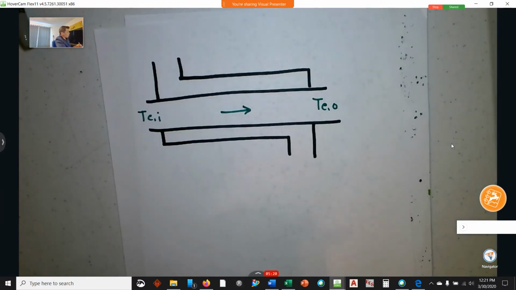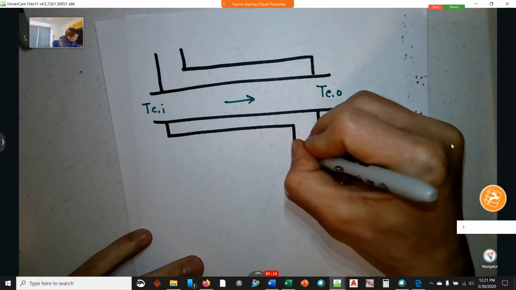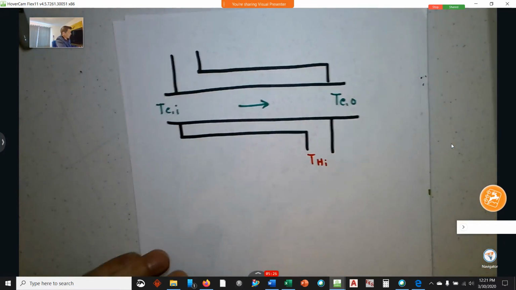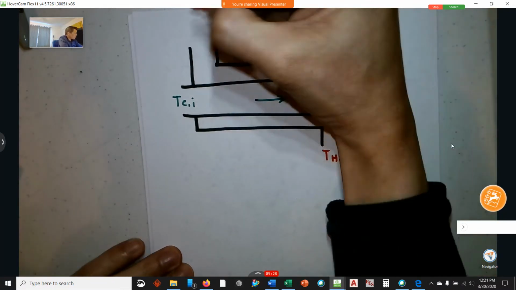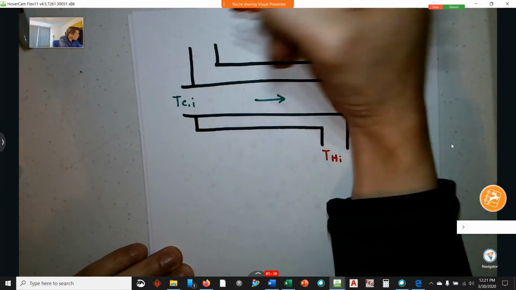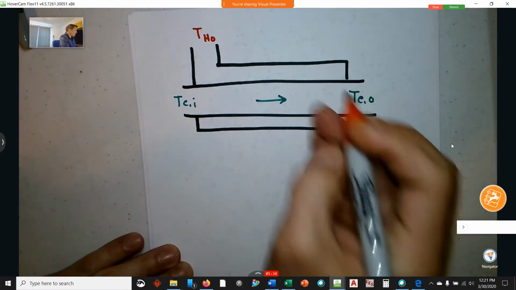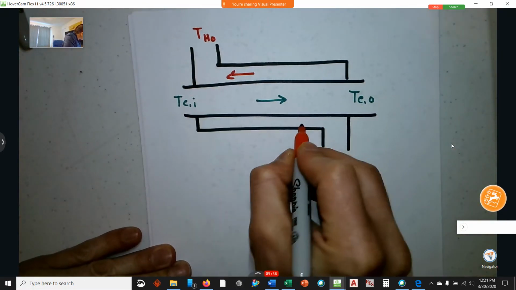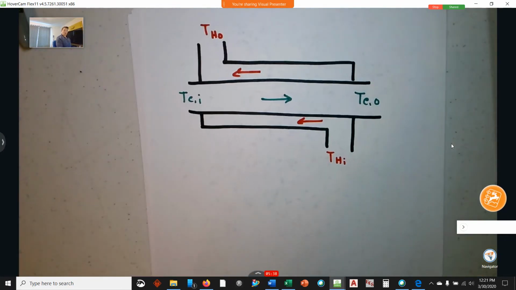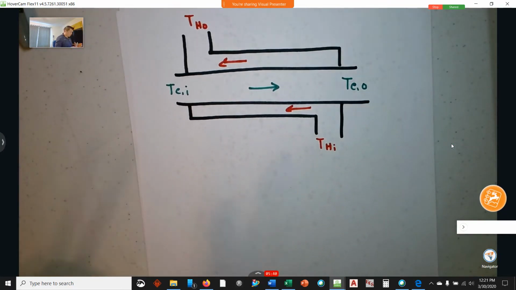But now we want to take our hot fluid and inlet it counter flowing, is what we say. So now we have a counterflow heat exchanger where the flows are opposing one another.